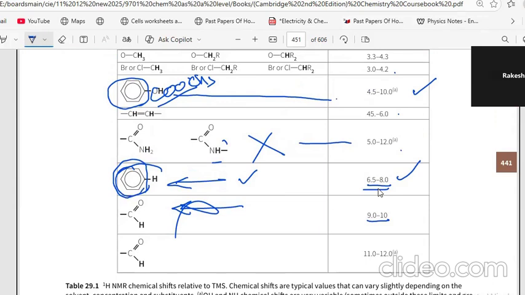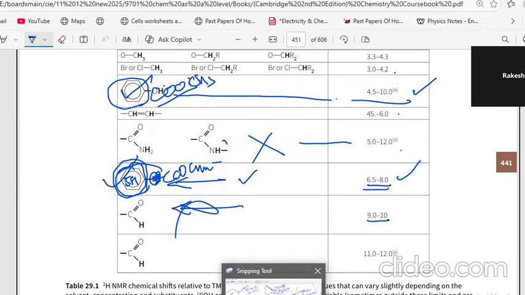This has 5 hydrogens here and one more, but that hydrogen is replaced by COOCH2CH3. So this could be the answer, because both of them have 5 hydrogens after you replace the functional group.